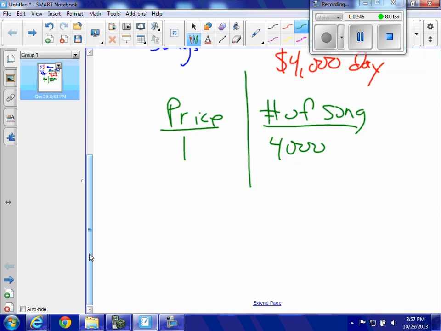Now if I subtract a nickel, 0.05, wait a minute, retract that. When I add a nickel, I'm selling my songs now for $1.05. I'm going to sell 80 fewer songs, so I'm going to sell 3,920 songs.